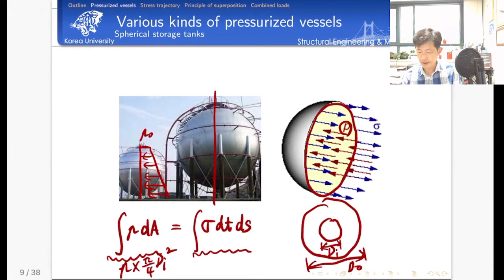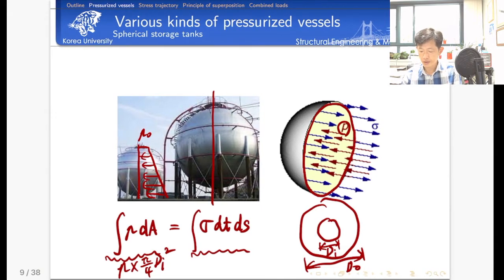Okay, so let's imagine D naught is much greater than the inner diameter. Then because of such a big difference, if you consider an infinitely large outer diameter, then probably here it is the stress-free condition, isn't it?